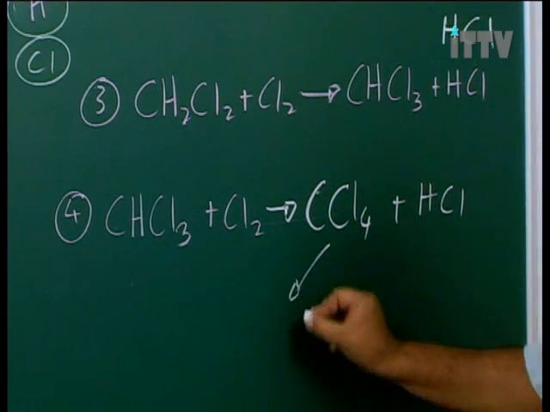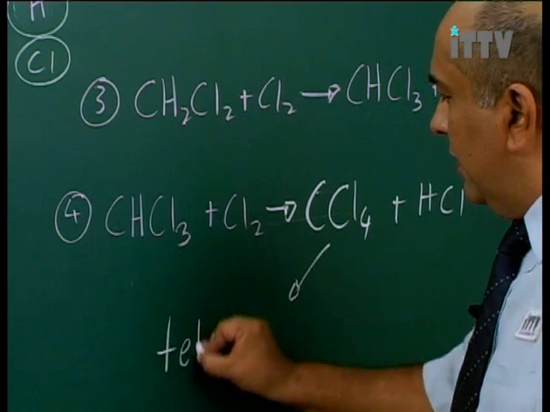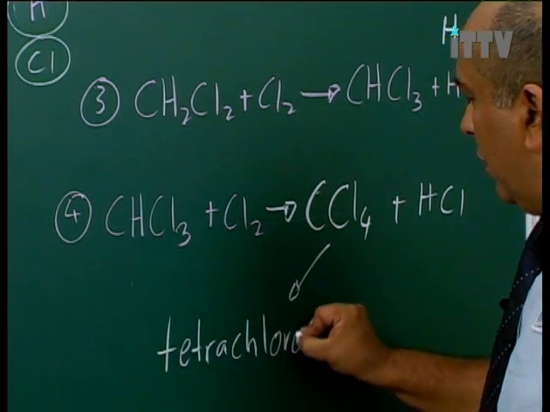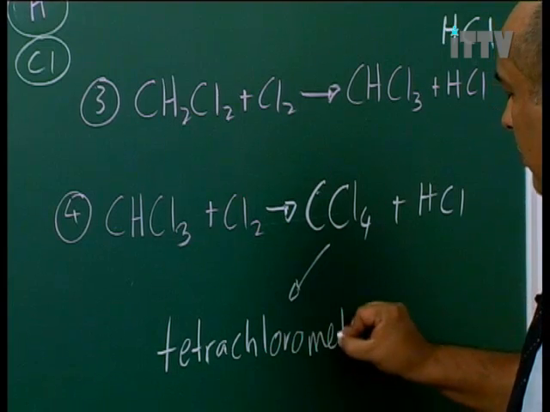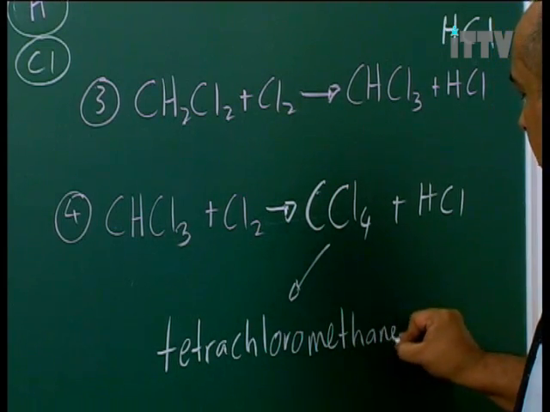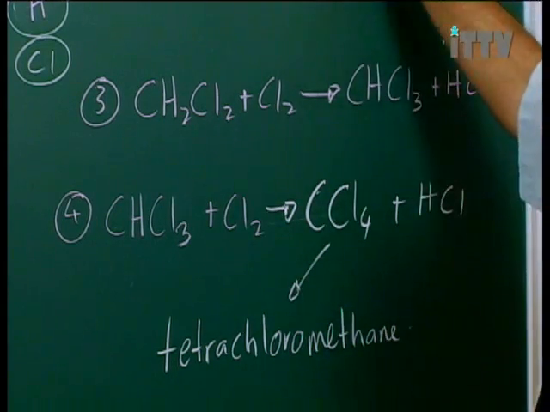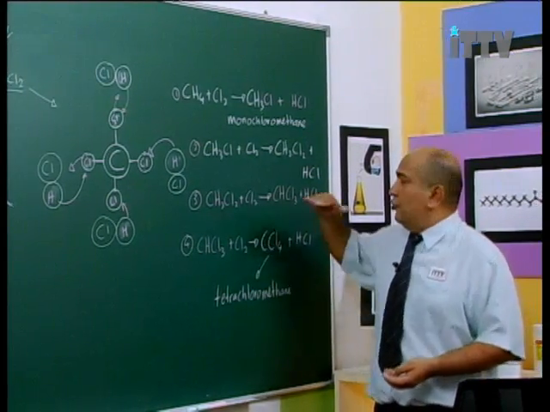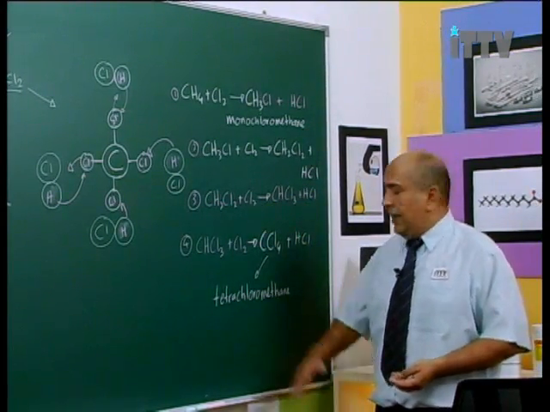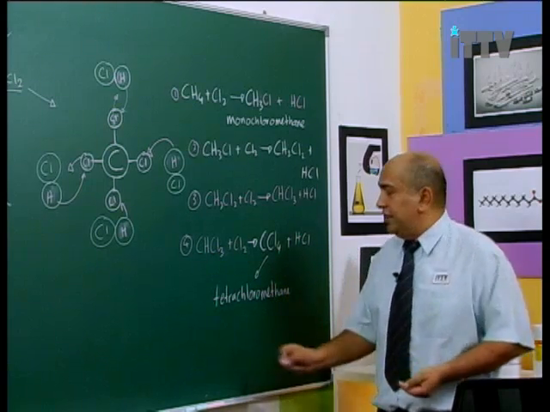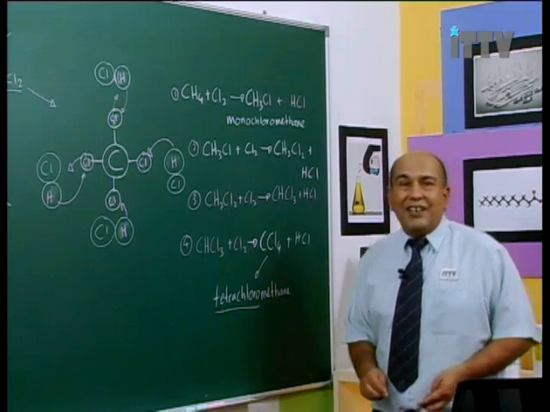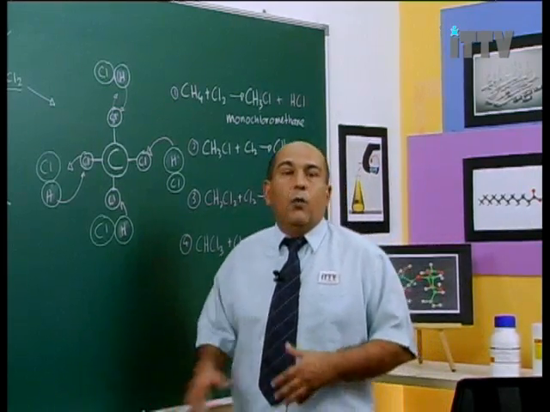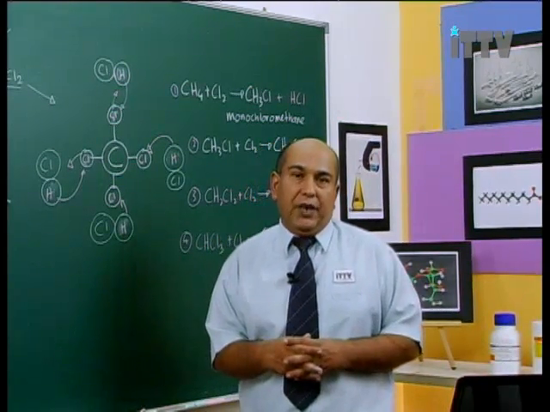And this is tetrachloromethane. So we go from monochloromethane to dichloromethane to trichloromethane, and finally, when the full substitution is done, we have tetrachloromethane. And this is what we mean by a substitution reaction.